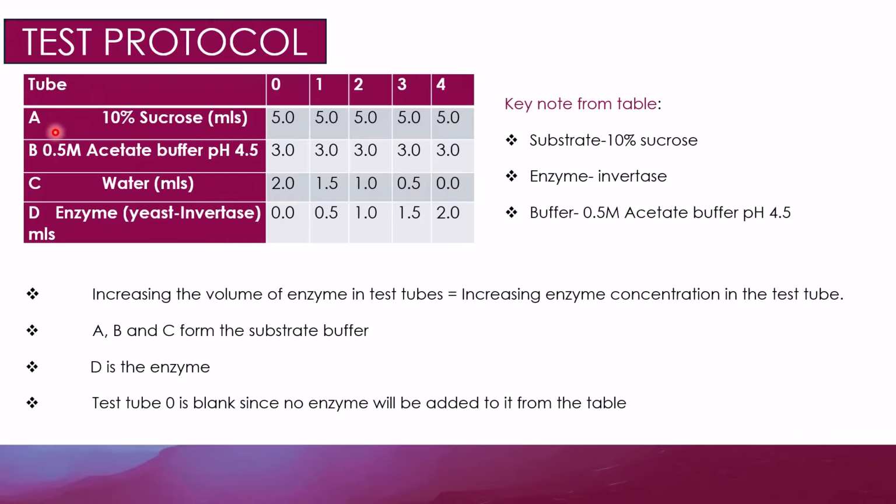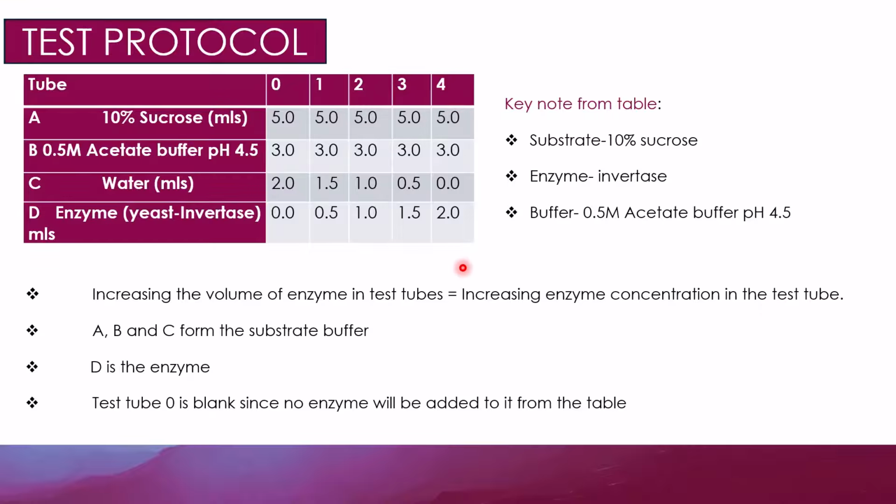And over here too, we have our 10% sucrose, which is our substrate, labeled as A, our 0.5 molar acetate buffer of pH 4.5, labeled as B, our water labeled as C, and our enzyme, which is the yeast invertase, labeled as D. One key thing that we also have to note from D is that increasing the volume of enzyme in each test tube is the same as increasing the enzyme concentration in the test tube.